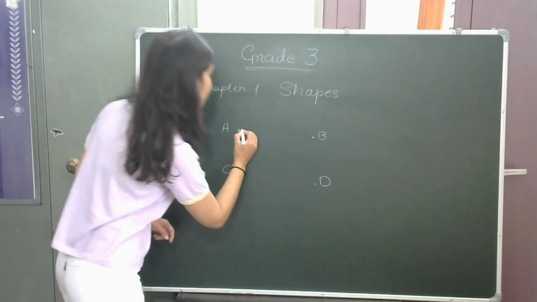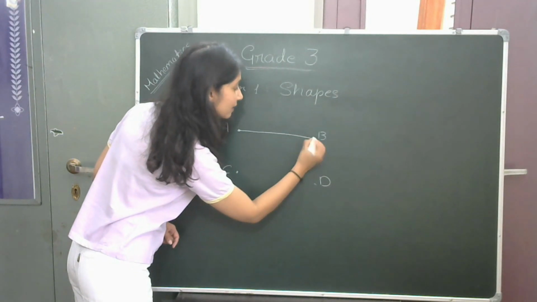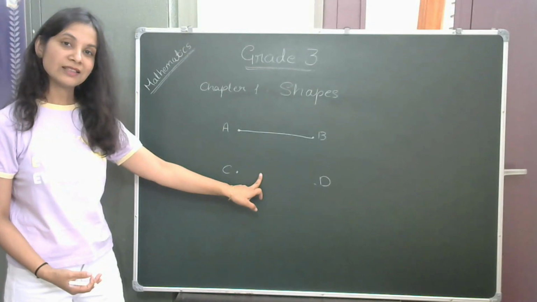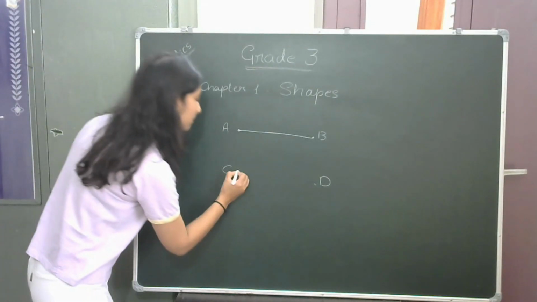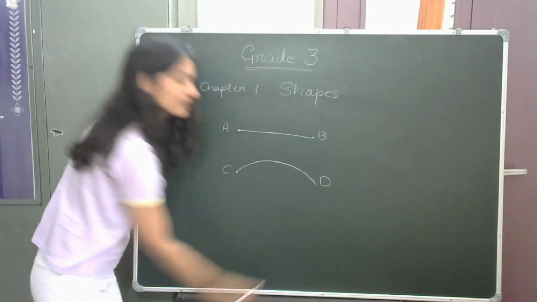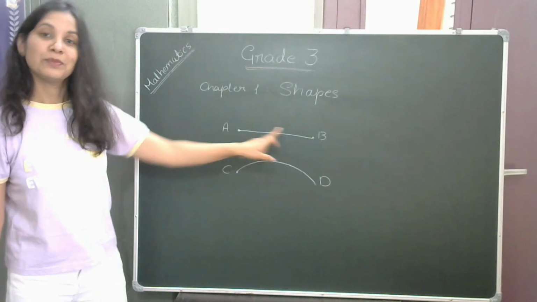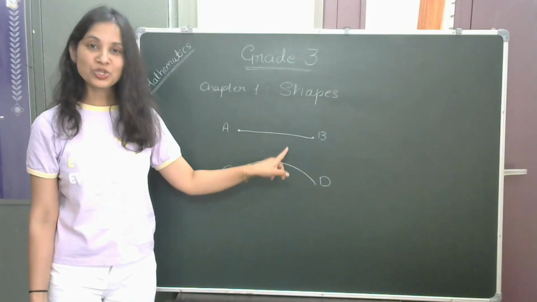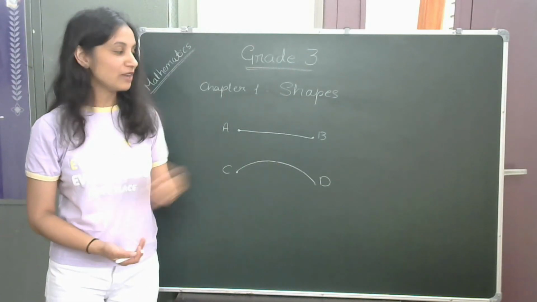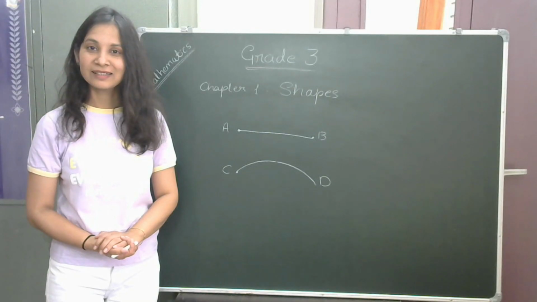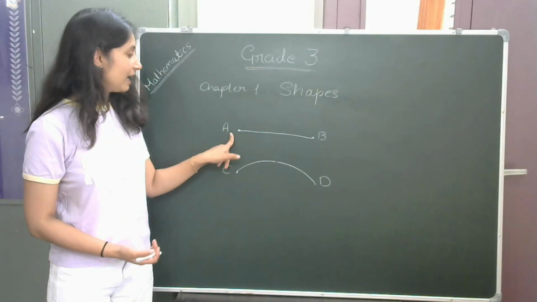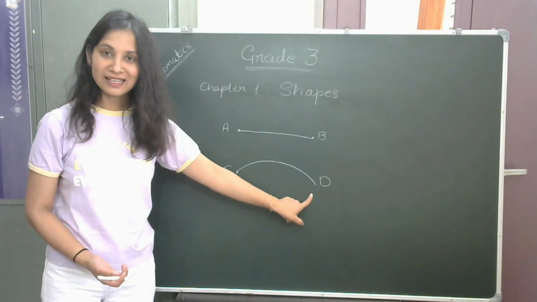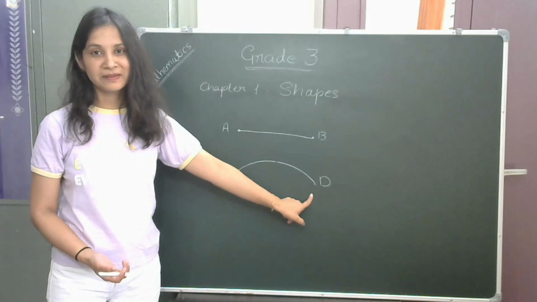Yes, one way is joining like this, right? And these 2 points in another way, I am following like this. I have joined both the points. Now you can tell me which one is a straight line and which one is a curved line. Correct. AB is a straight line, CD is a curved line.